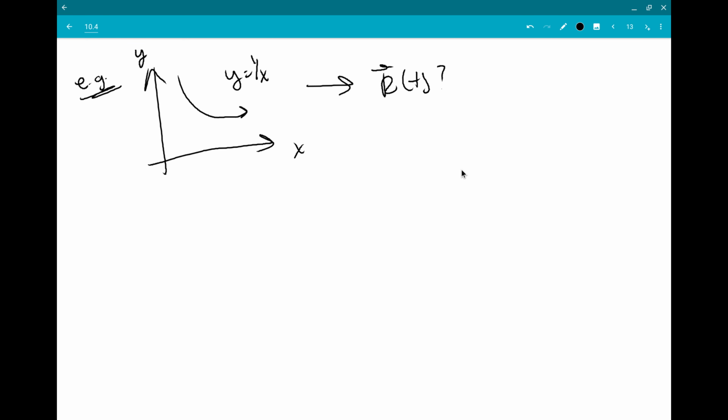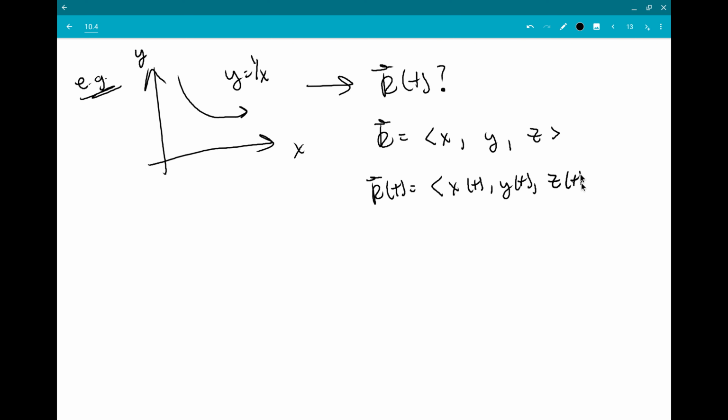Everything we've done is in terms of r of t. So first of all, how do we bridge the difference between there's this whole class of things we can write in the xy plane? How do we move it over to vectors? That's really easy. Remember, r is just a vector that tells us x, y, and z. R of t should have those things depend on t in each component. And so if I know that y is 1 over x, that's the information I have. I can go ahead and recast everything in terms of t.